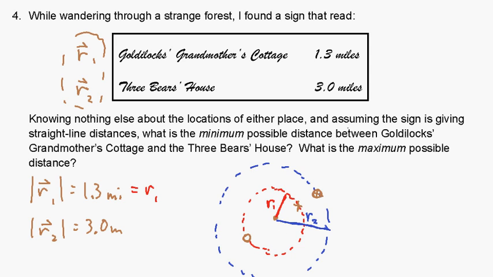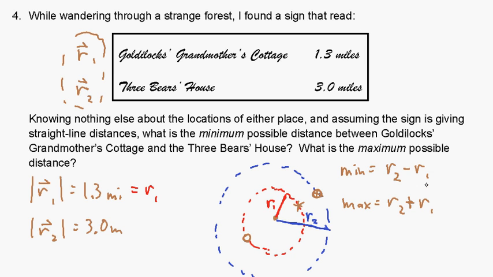So it's not hard to figure out that the minimum is going to be the radius of this circle minus the radius of the inner circle. And the maximum is when you have to go all the way through the center and go to the far side of the inner circle. So it's going to be R2 plus R1.